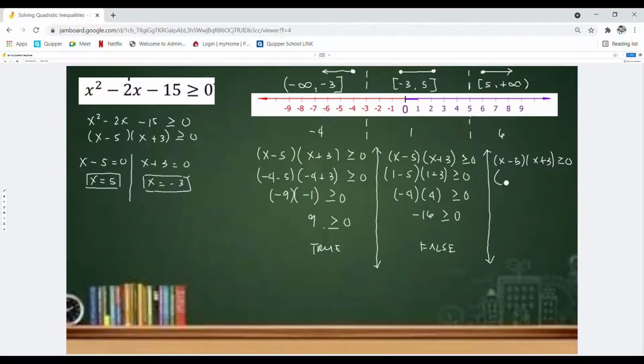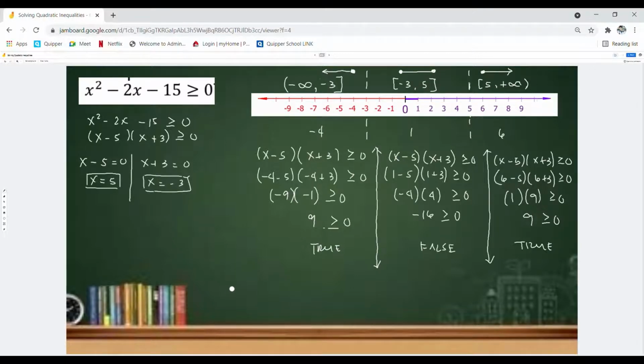Substitute 6, so we have 6 minus 5 and 6 plus 3 greater than or equal to 0. 6 minus 5 is 1, 6 plus 3 is 9. So 1 times 9 is 9, greater than or equal to 0? Yes, therefore it's true. Very good. You have seen the two sections with the test intervals correct.